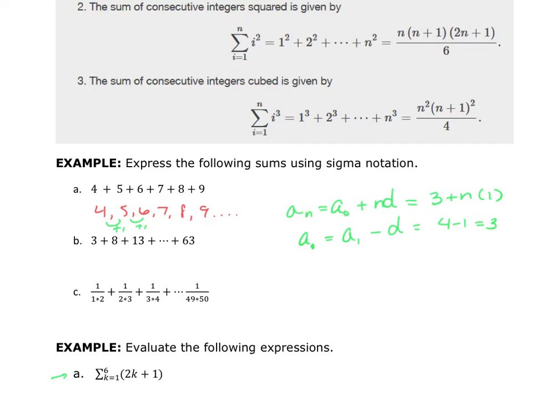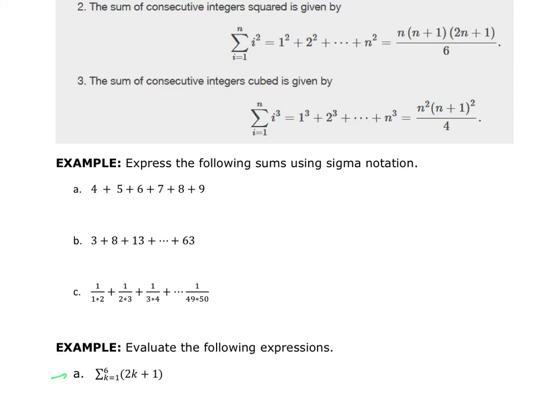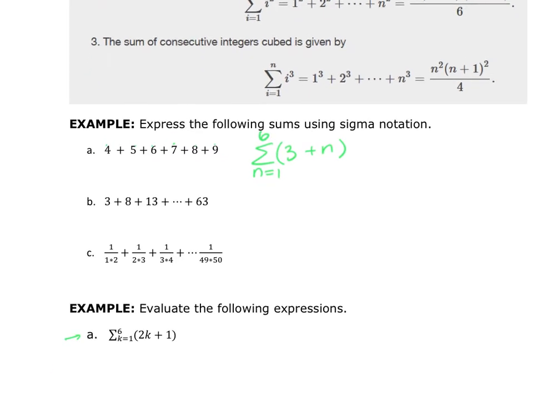So where I am now is building the summation notation. So I have the summation of n equals 1 to 6, I have 1, 2, 3, 4, 5, 6 terms of my a sub naught, which is 3, plus my n times d, so plus like that. And that's my sigma notation.